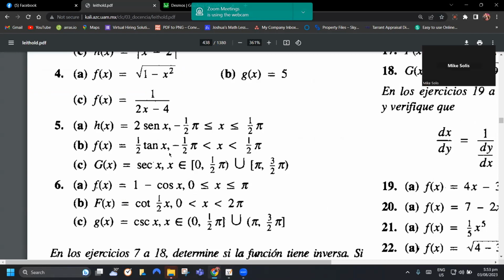So 0 to pi over 2, and then pi to 3 pi over 2. Tapos, graph mo sa Desmos. Horizontal line test pa rin yan eh. And then show me the graph.